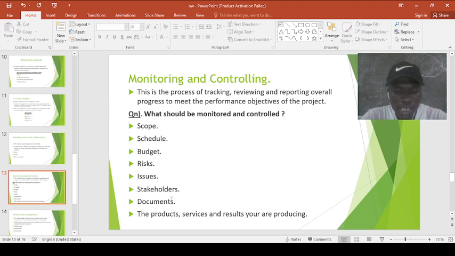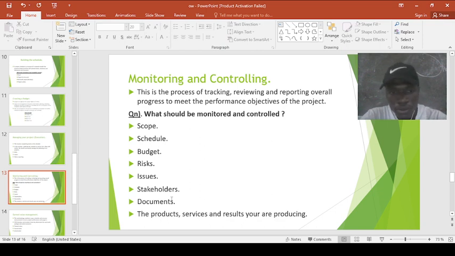Risks, we know these are uncertainties. How do we manage them? By identifying and managing the risks of that given project and coming up with a proper solution to those risks. Issues, we ensure that the issues are being actively managed to the closure of the project.